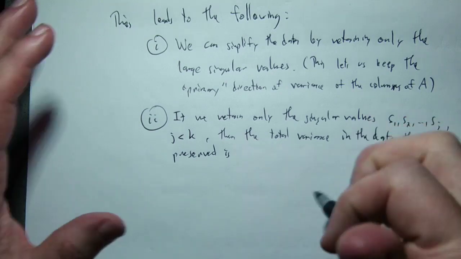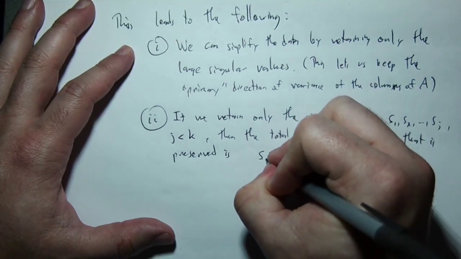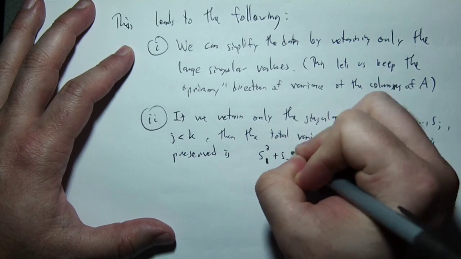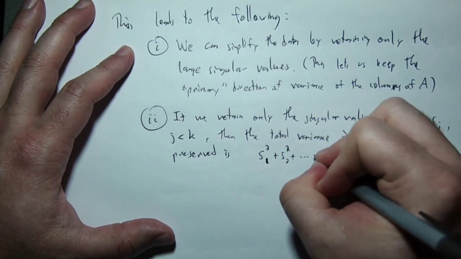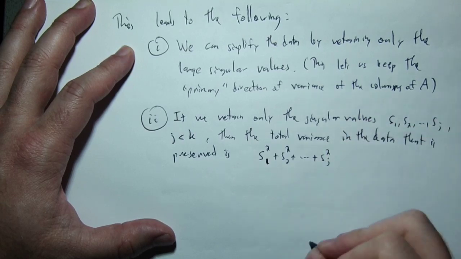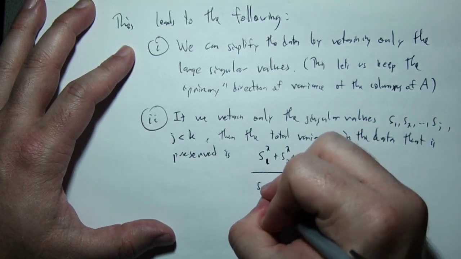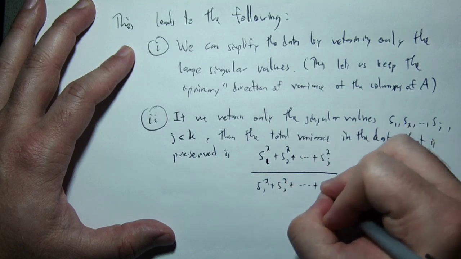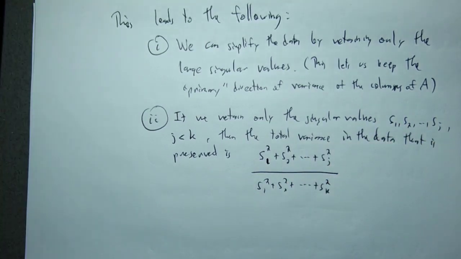So combining this is just the sum of the squares of the singular values up to j divided by the total sum of the squares of the singular values, right? The variance itself.